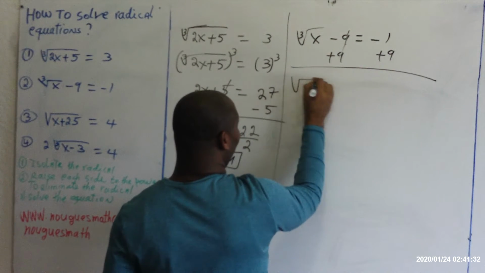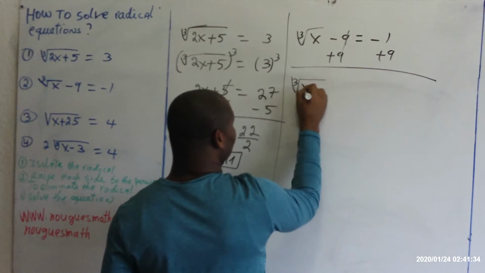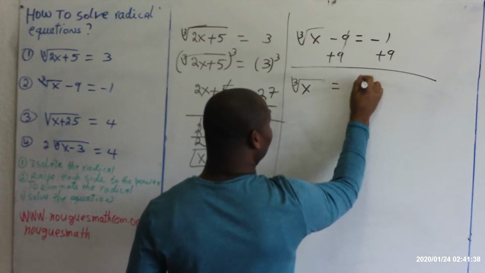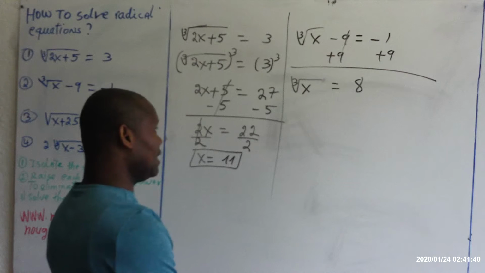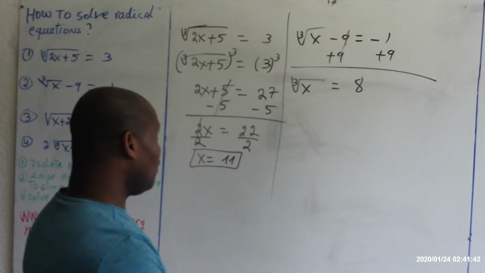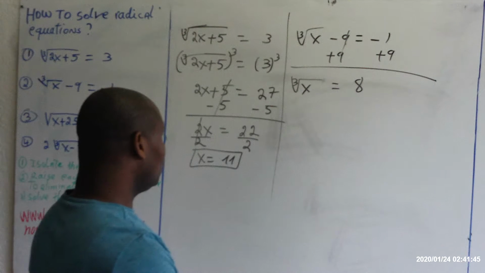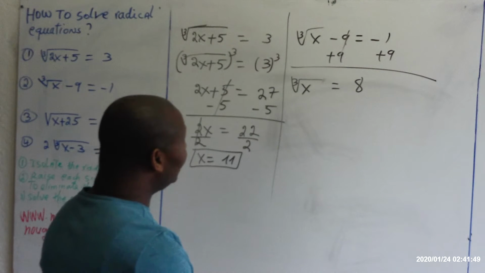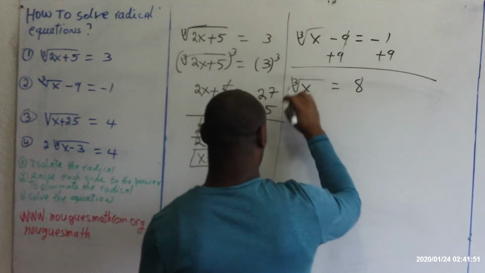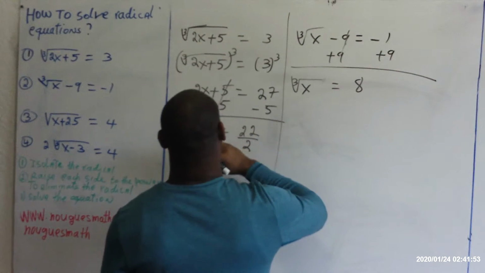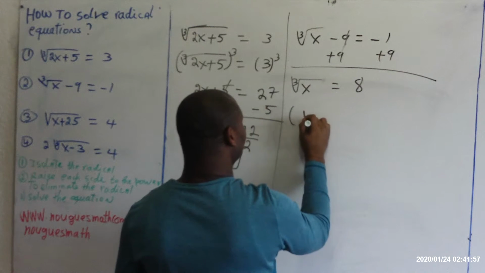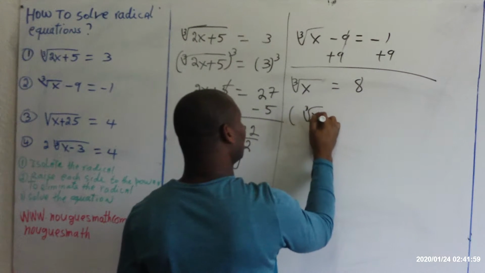So I am left with the radical of x, and that's going to be 8. Alright, that's 8. So now, as I told you, we're going to raise each side, okay, to the power 3, because we have 3 right there. Okay, so it's going to be the cube root of x.